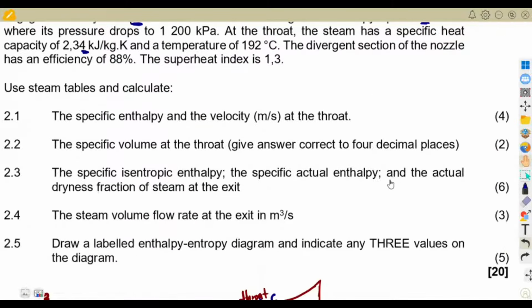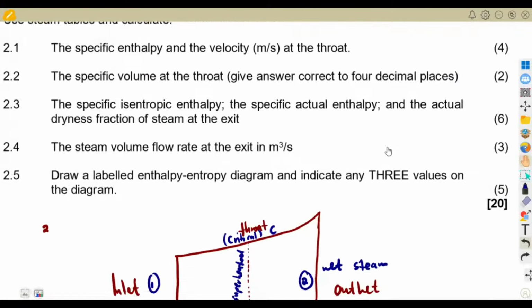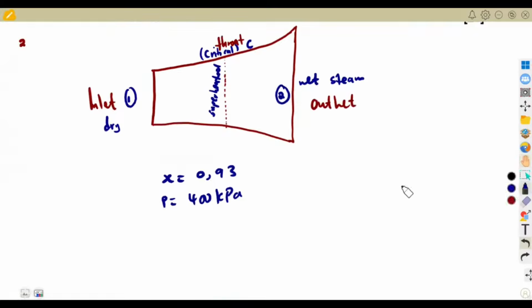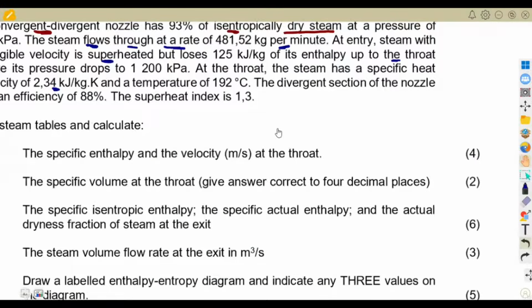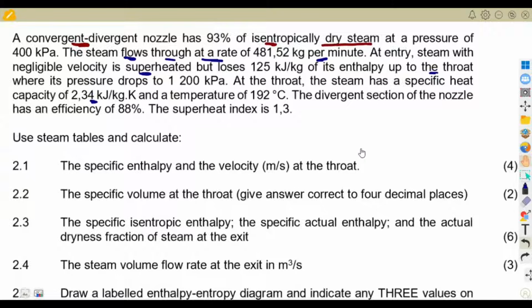This is the rate of flow, given as the mass flow. We shall see where and how we are going to use this. Is it per minute or per second?